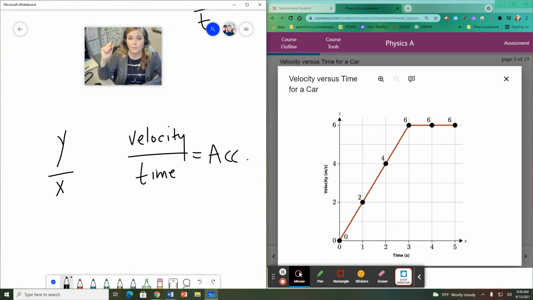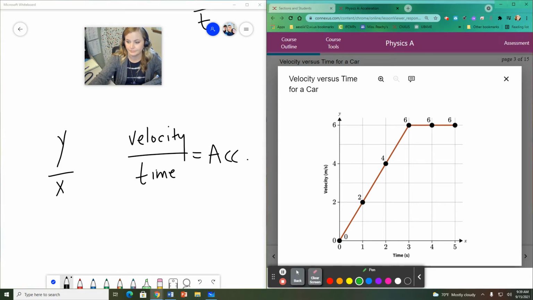So the slope of a velocity versus time graph shows us acceleration. So in this situation, we are accelerating at a constant rate. What does that mean? Does that mean we're going at a constant speed? No, it does not. It means that we are speeding up at a constant rate. The best example I can think of is gravity.